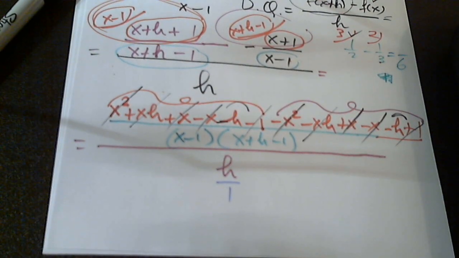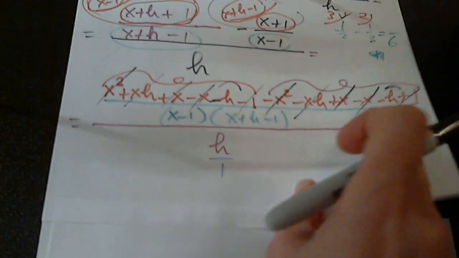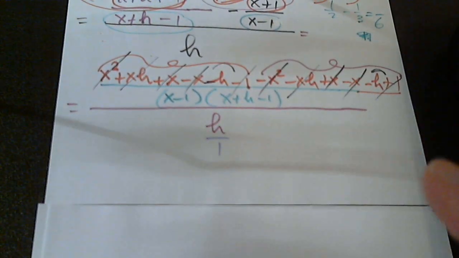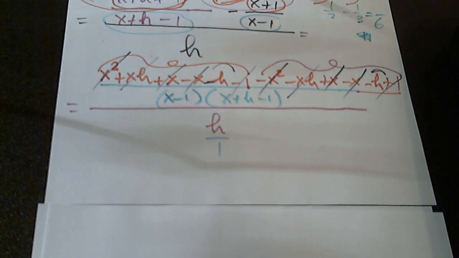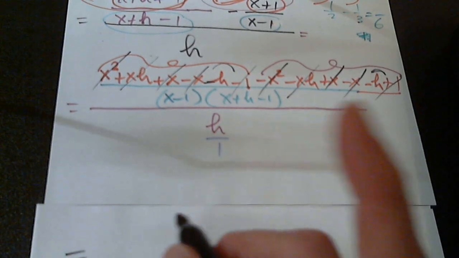So what is left in the numerator? Negative h squared. Careful, minus an apple is not minus apple squared. Minus an apple equals -2h, not squared.